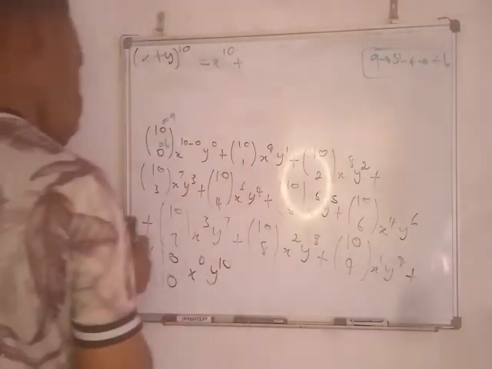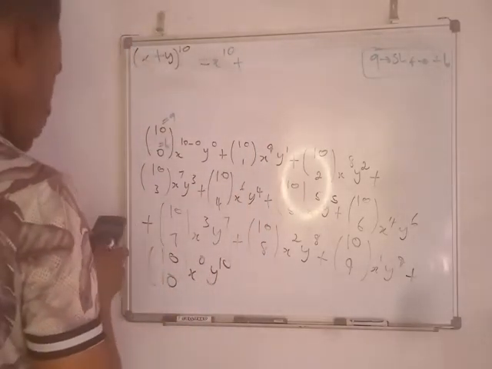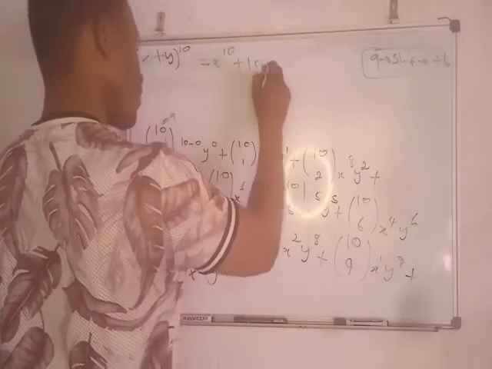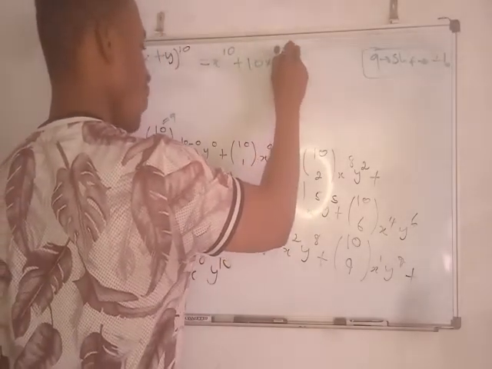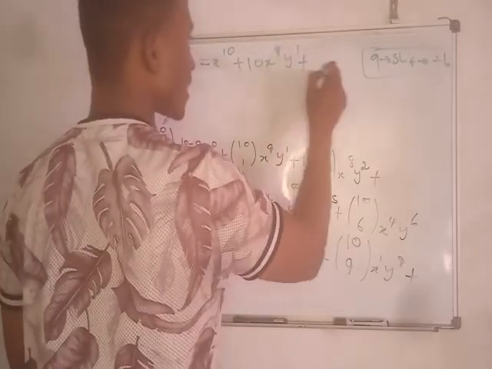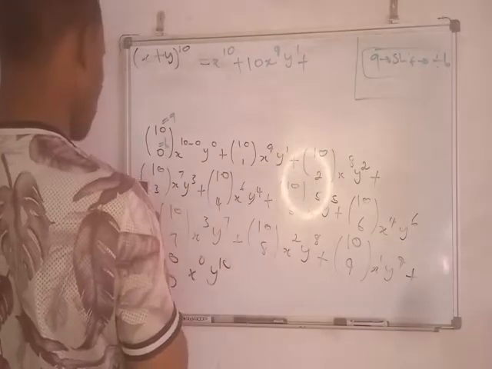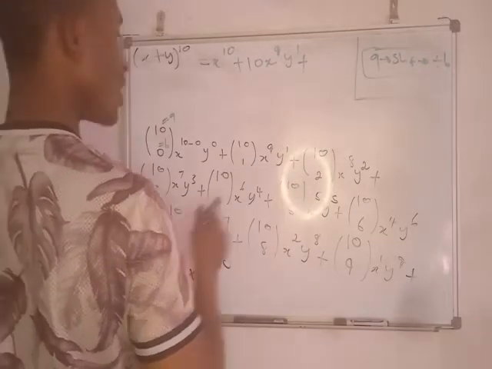But what is 10 combination 1? 10 combination 1 is just 10, x to the 9 and y to the 1, plus 10 combination 2 is 45.